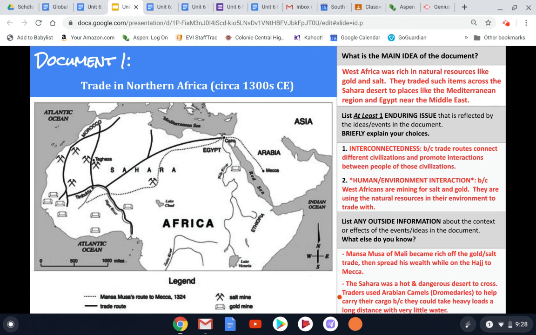So we can say something like, traders used Arabian camels, dromedaries, to help carry their cargo because those dromedaries could take heavy loads and go a long distance with that cargo using very, very little water. And this outside information, this is stuff that even if you're not really remembering a lot of info, just from thinking about the enduring issues that you've identified, for this practice, this of course is open note.